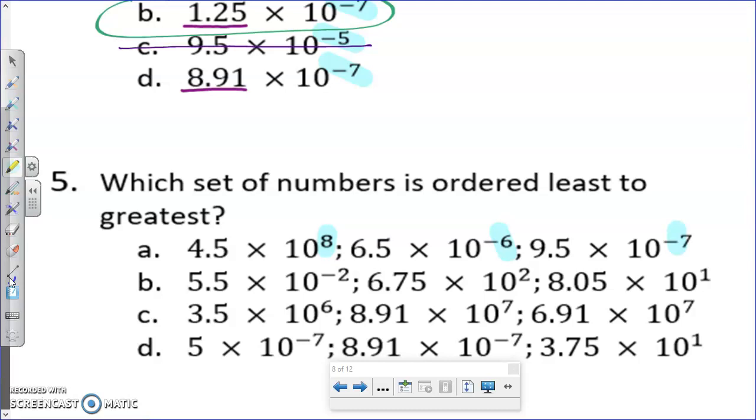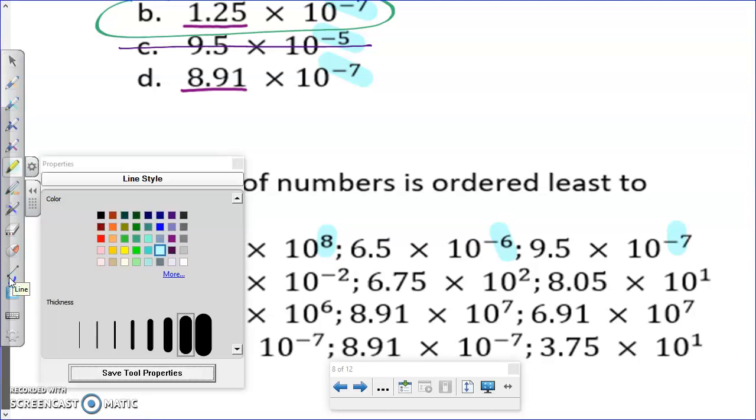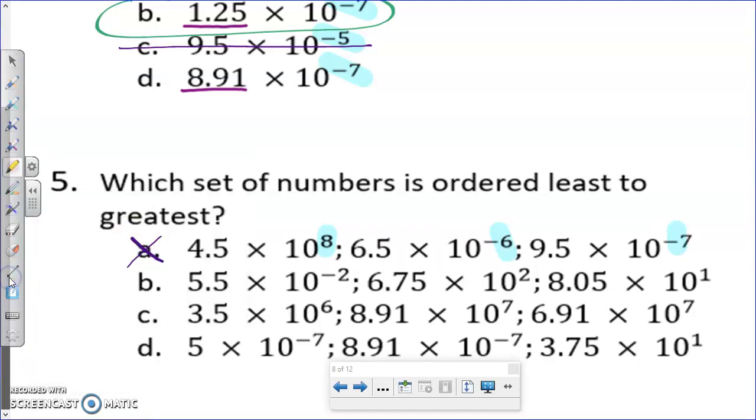That is not ordered from least to greatest. So A is not going to be correct. I'm now going to do the same thing for B, C, and D. So I check B, I have -2, +2, +1. That again is not least to greatest. So it cannot be B.